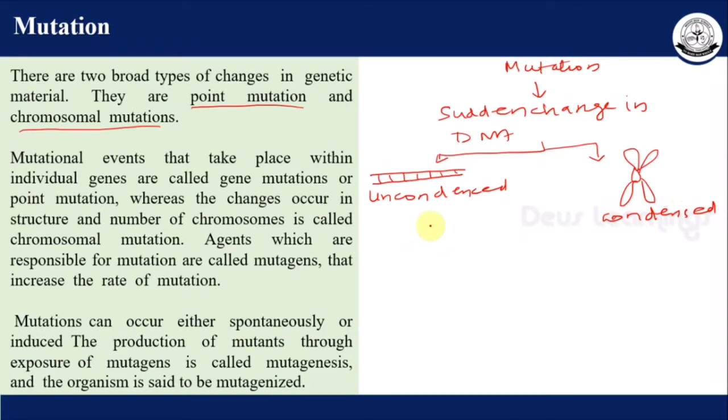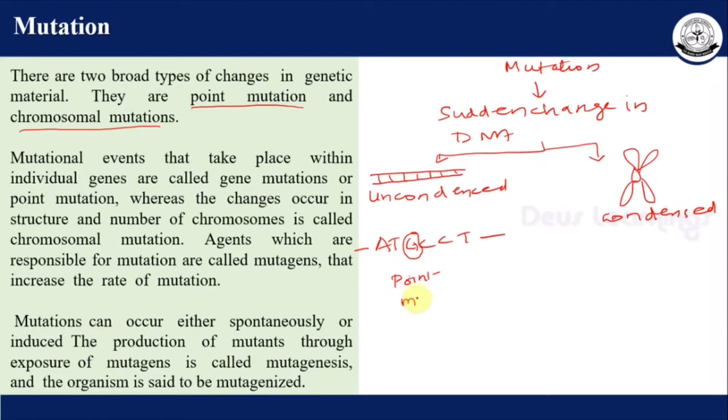If some change happens in the uncondensed form, for example we have A, T, G, C, C, T, since DNA is made up of nucleotides, and suddenly some change happens in one of the nucleotides, there are many different changes that can happen, we call that point mutation.